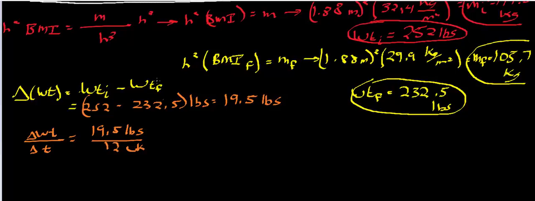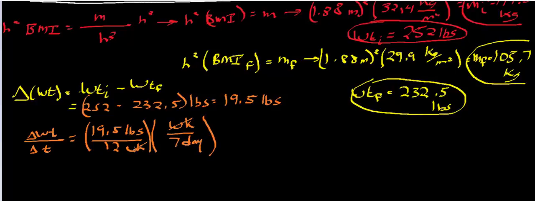Okay, per 12 weeks. Now, there's something I can ultimately do here. Let me go ahead and convert this to how many pounds every day this person would have to lose to satisfy this. Well, I know that 1 week is equivalent to 7 days, right?